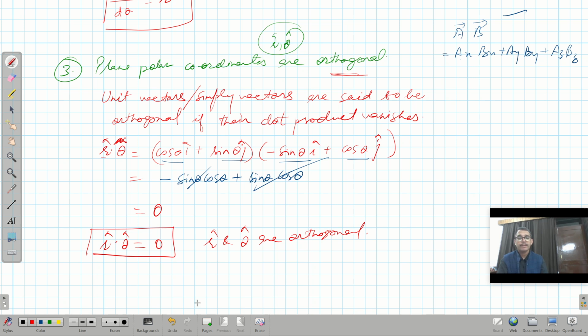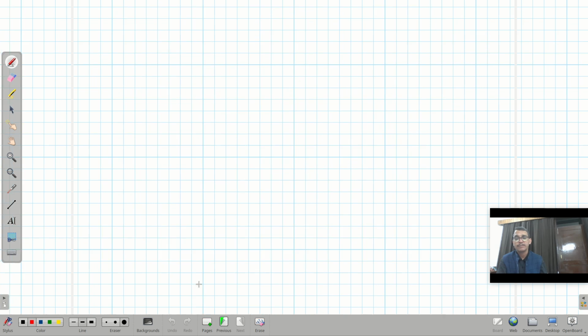So let me summarize these results, and after that I will stop. What I have derived is that if I take the derivative of r cap with respect to theta, it is equal to theta cap, and if I take the derivative of theta cap with respect to theta, the result is minus r cap.